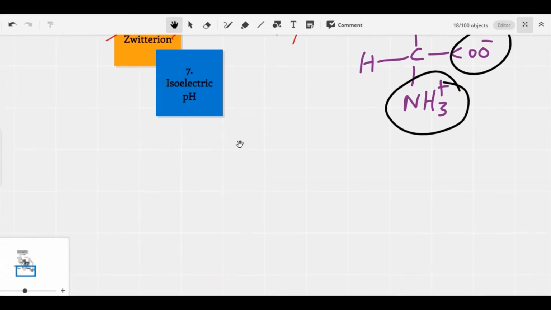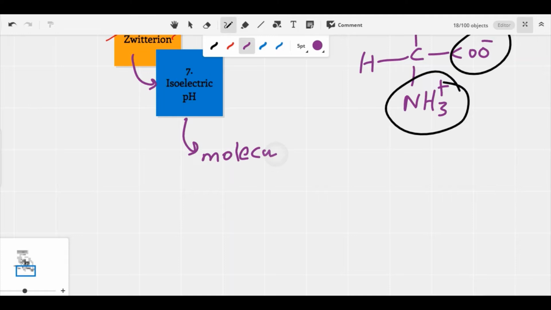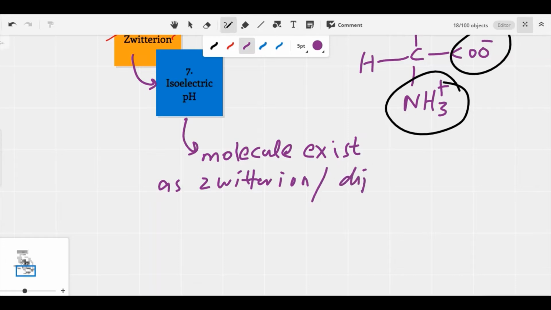And next one is isoelectric pH. Isoelectric pH is also a part of Zwitter ion. The isoelectric pH is the pH at which the molecule exists as a Zwitter ion, or dipole ion, and carries no net charge.